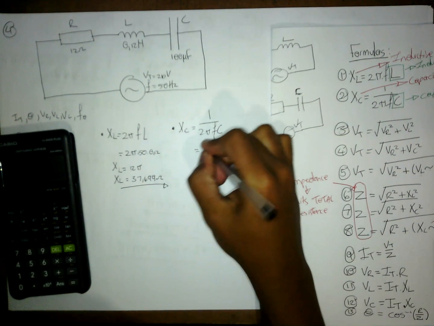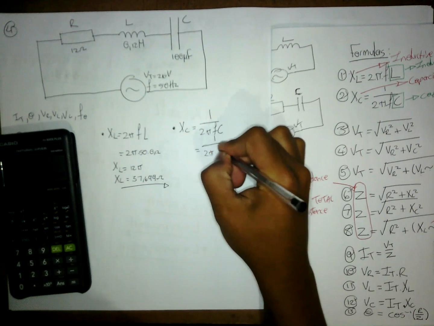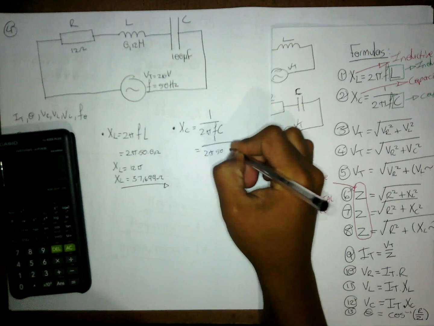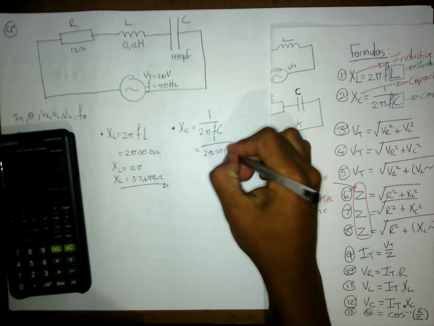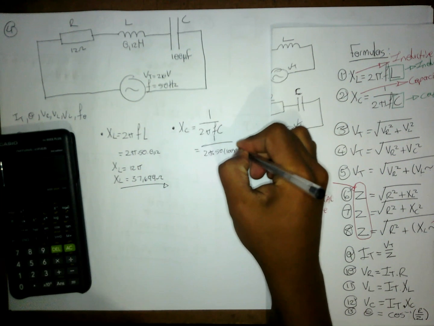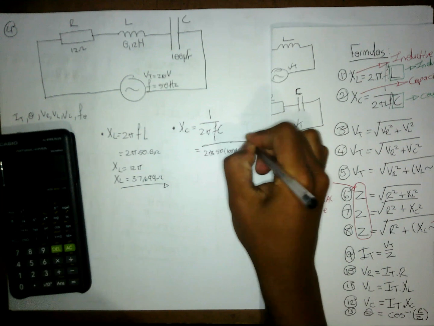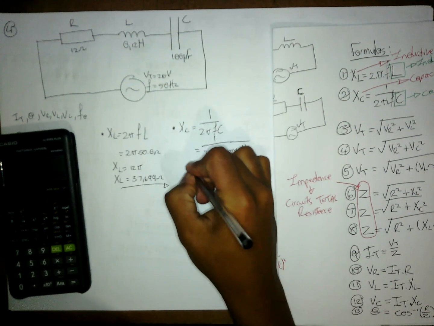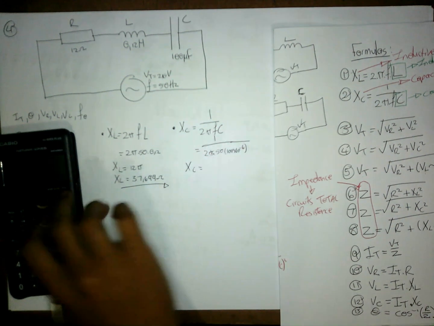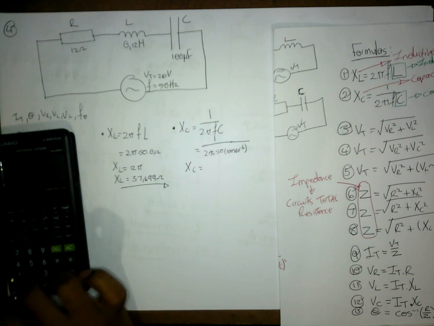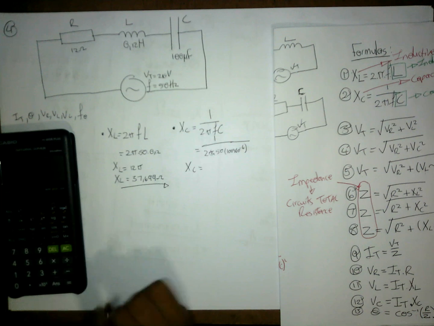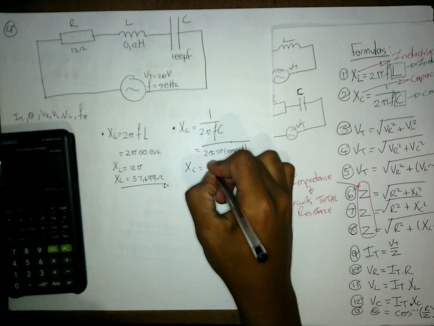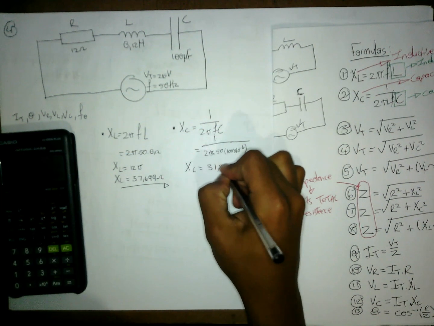Then we substitute. Our C value is 100 micro, so it's 100 times 10 to the power minus 6. And our value is 1 over 2 times. Do we get 31,831 ohms?